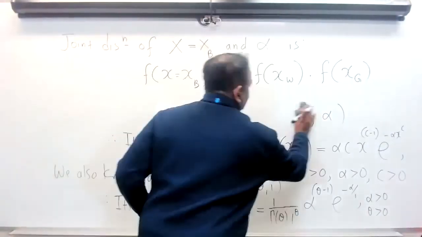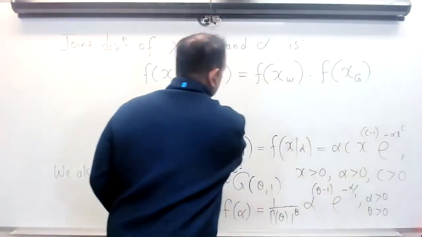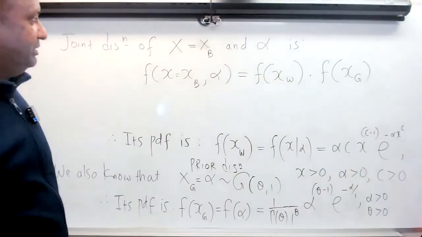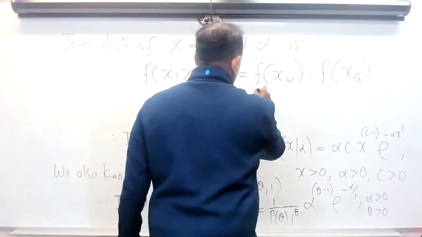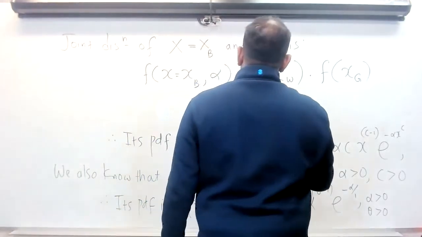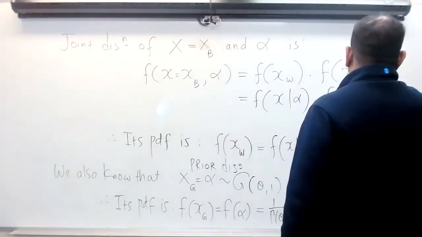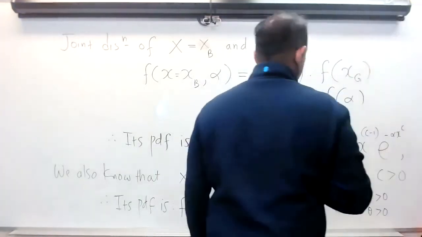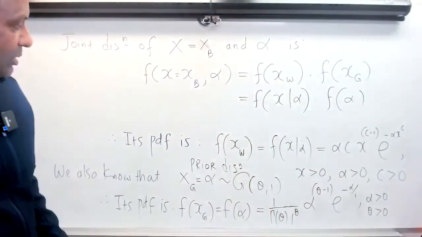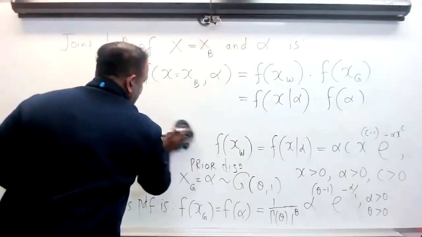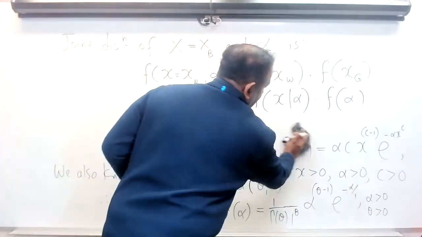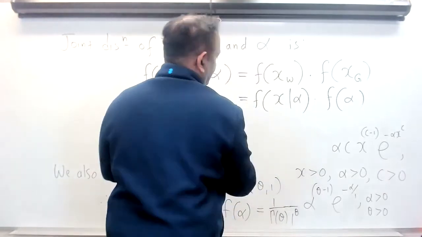That's the multiplication of those two. That means I'm going to write one more: f of x given alpha times f of alpha. Okay.